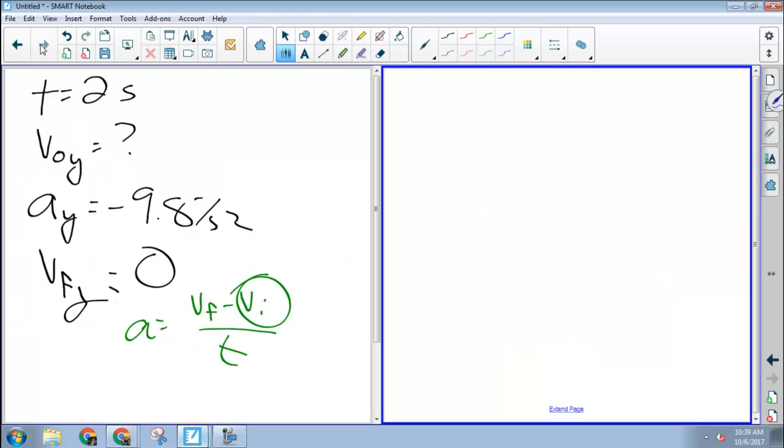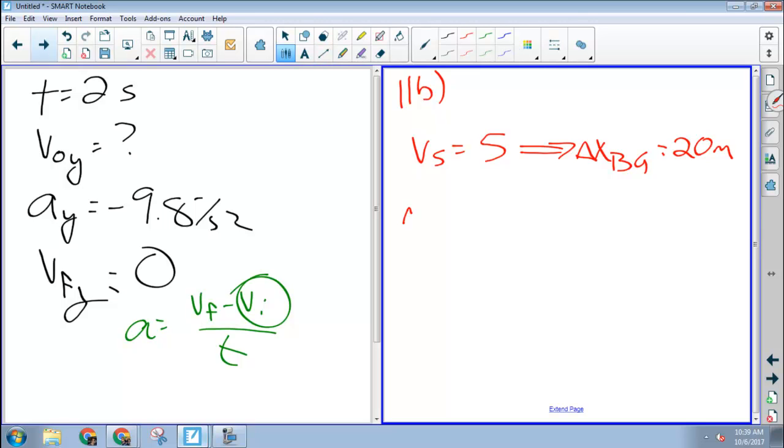All right, so to do 11B, here's what I know. Based on the graph, I know that if Vs is 5, then the displacement of the ball relative to the ground is 20. Right? Okay.